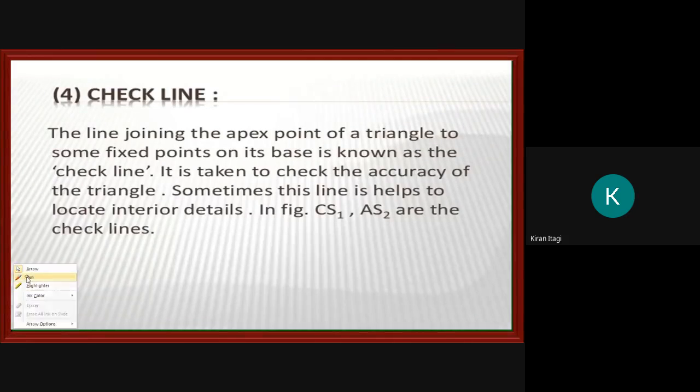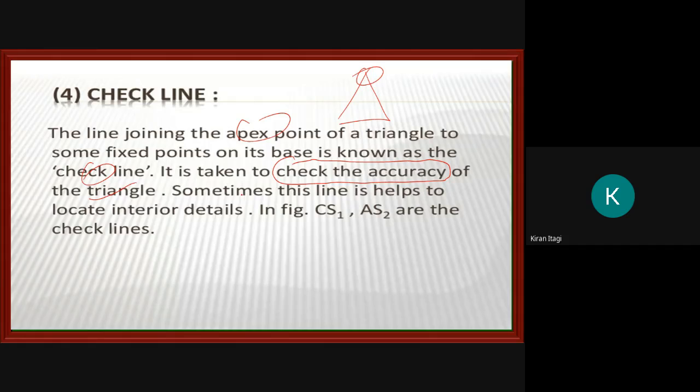Then we have check lines. The line joining the apex point of the triangle to some fixed point on its base is known as a check line. Apex means this point. It is taken to check the accuracy of the triangle. Sometimes the line helps us to locate the interior details also.